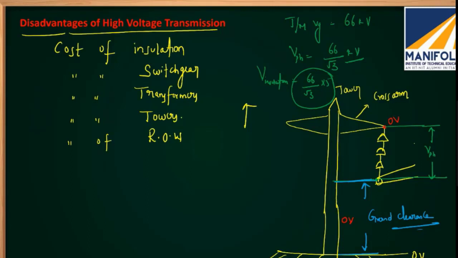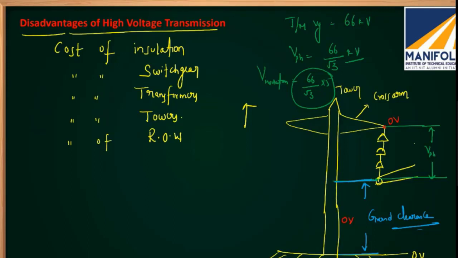Whereas for a 33 kV line, it will become 11 meters. For a 66 kV line, it will become 20 meters. For higher and higher voltage transmission, I have to provide more ground clearance. In order to provide more ground clearance, the size of the tower and cost of the tower will increase.